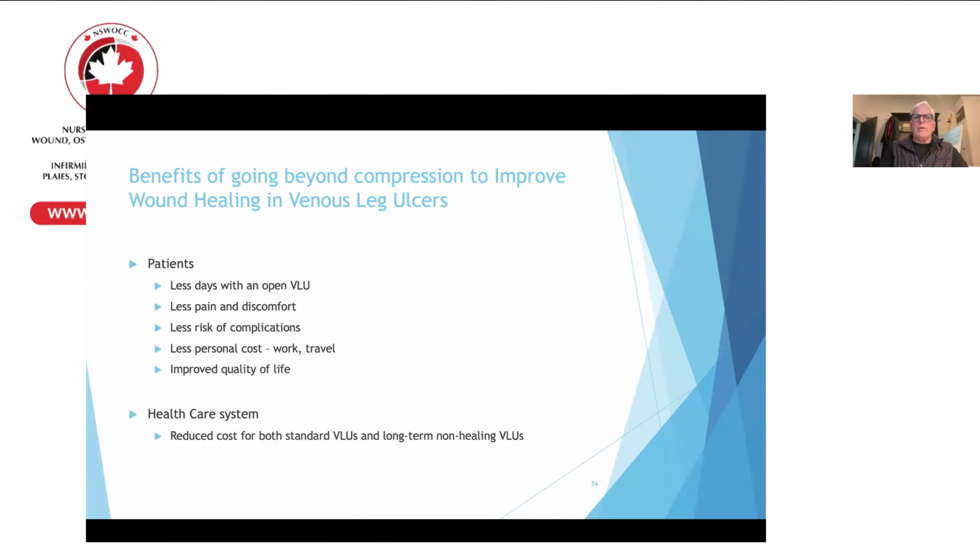So, their travel costs, their loss of work costs, and an improved quality of life. And in addition, very significantly, there is an improved cost savings for the healthcare system, both with treating patients with standard venous leg ulcers, but also those with long-term non-healing venous leg ulcers.